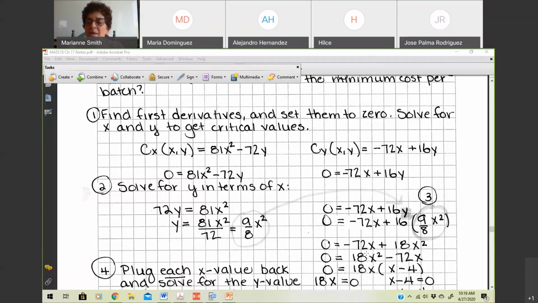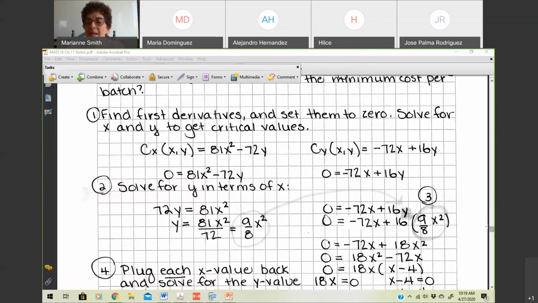Yeah, I can factor out an 18 and an x, because 18 does go into 72. And x goes into x squared and x goes into x. So I'm dividing out 18x from 18x squared. That leaves an x. And negative 72x divided by 18x leaves a negative 4.